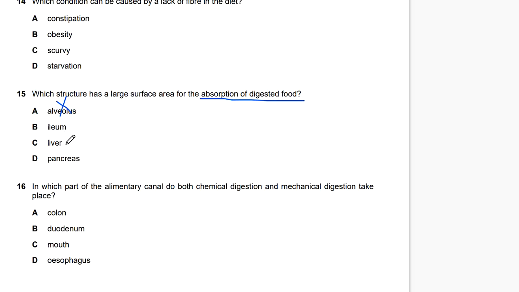The liver function is for detoxification, but not actually in the absorption of digested food, as well as that of the pancreas. It only secretes insulin and other types of enzymes in the digestion of food. So the correct answer is the ileum.